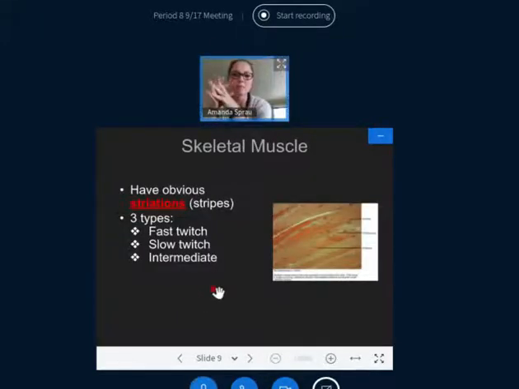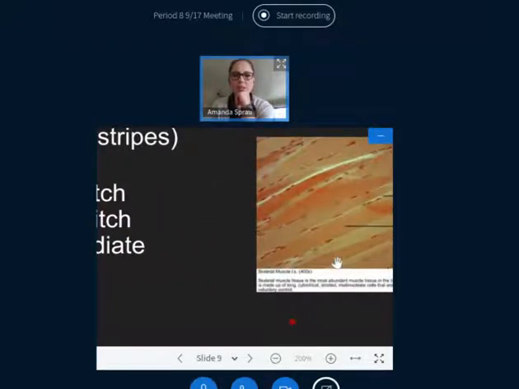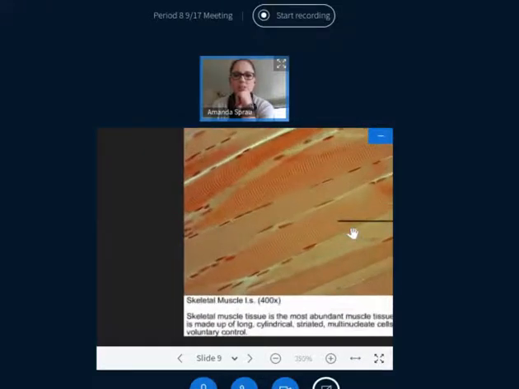The next key feature that tells us it's skeletal muscle, besides being multinucleated, is that they have striations. I'm going to zoom in for you here. Do you see these lines in each of the muscle fibers? Those vertical lines that are everywhere are striations. They allow our skeletal muscles to contract forcefully, consistently, and quickly.